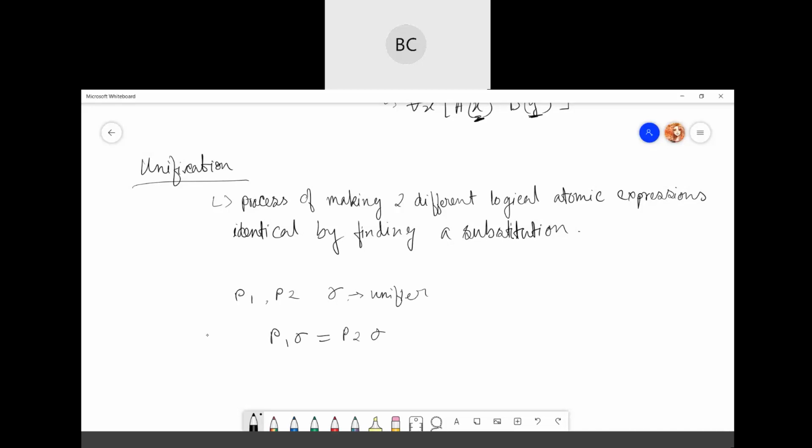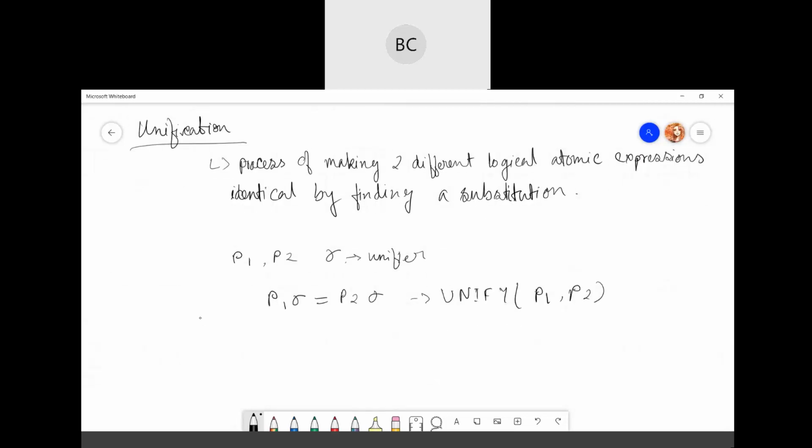Then we can express it as Unify(P1, P2). For example, Unify(King x, King John).